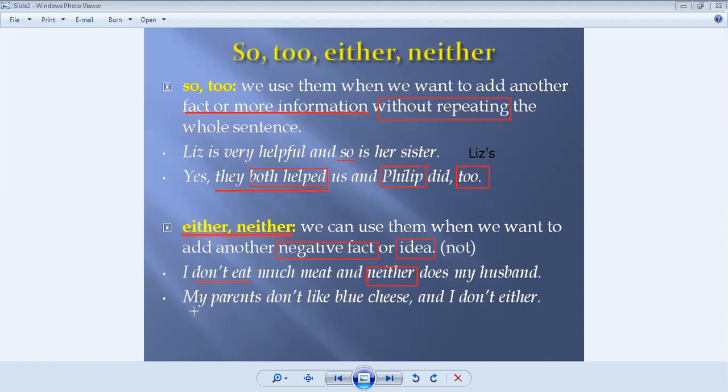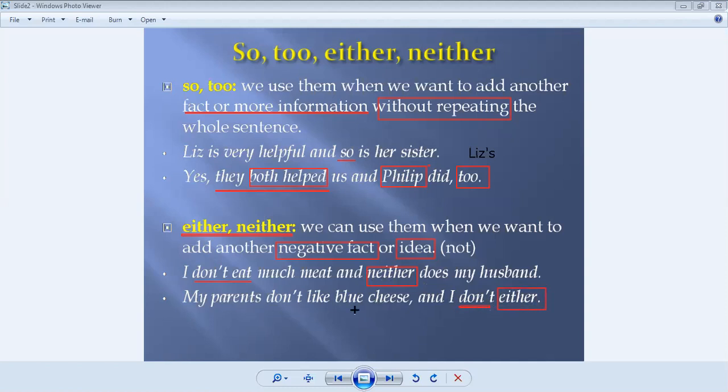Another example: my parents don't like blue cheese. I don't either. Do you see that? Why? Because there is a negative here and a negative here.